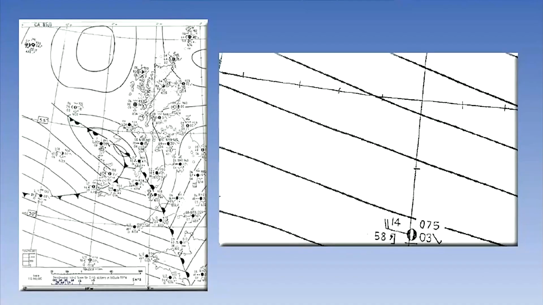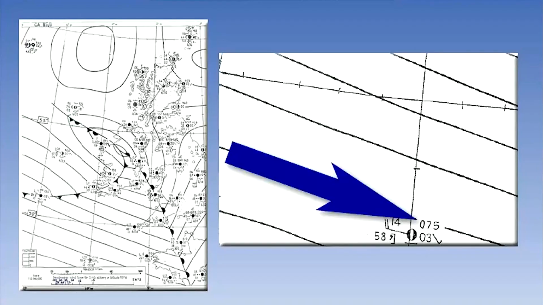Remember, the direction is found by using Buys Ballot's law. If this is a northern hemisphere map, the geostrophic wind will be blowing from the west at about 285 degrees. The speed can be found from the geostrophic wind scale. In this example, it is 20 knots.